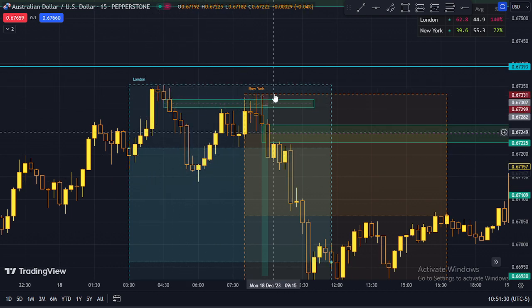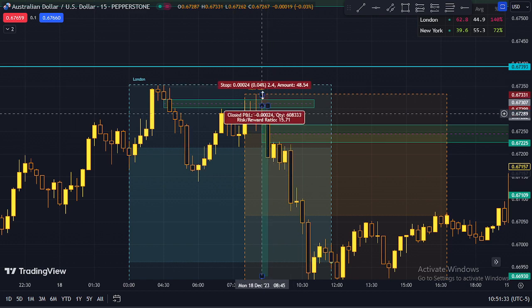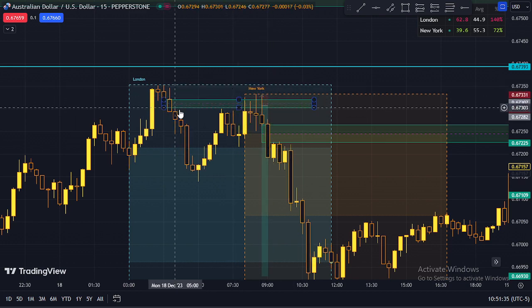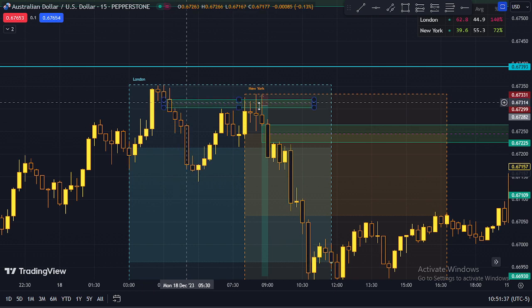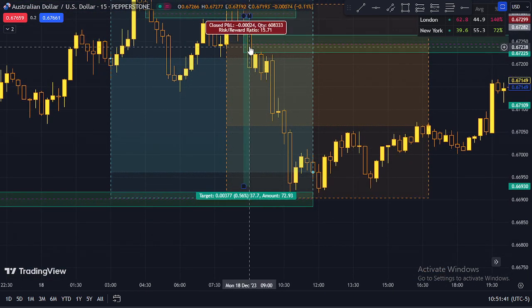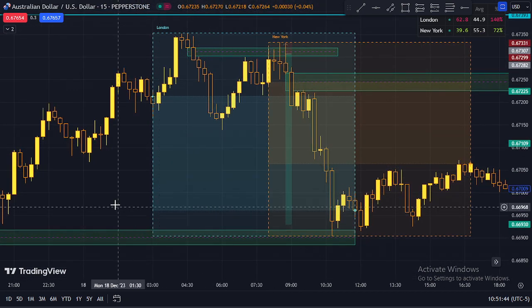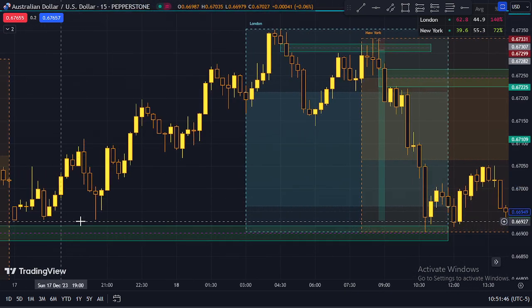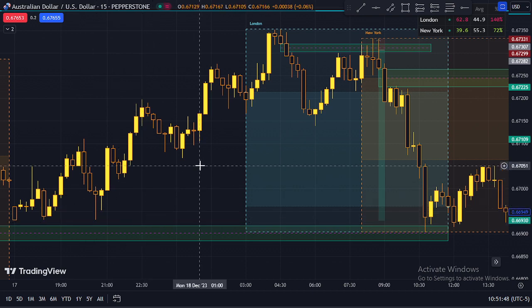Then we ran to a premium inside the fair value gap, and then price broke lower. So from there, we could short and aim for the sell side.